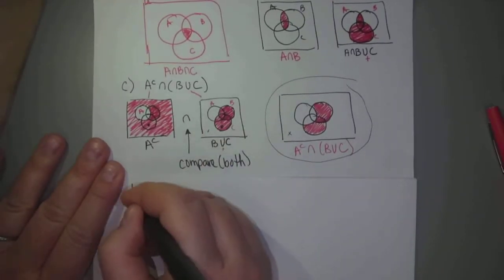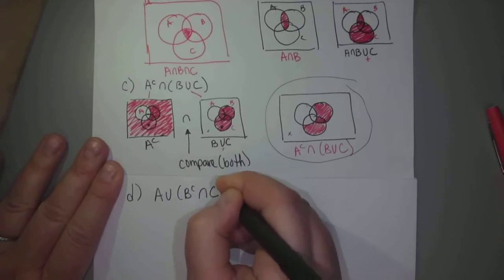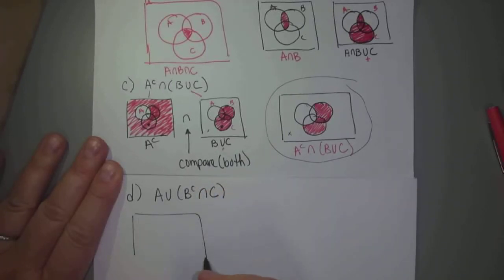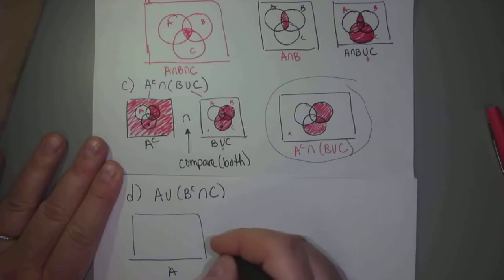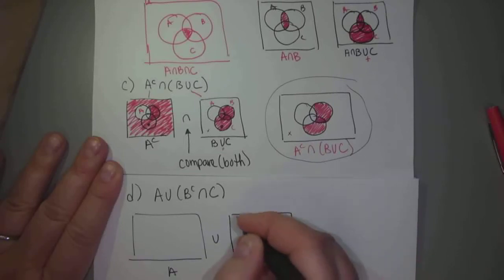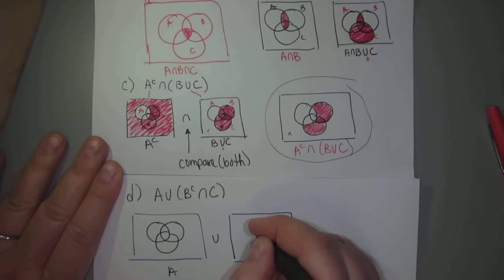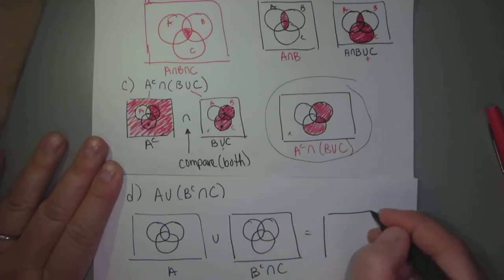Okay, so what I wrote for D was A union B complement intersection C. So here's A, and I want to union that with something called B complement intersection C. And then I'll get my answer.